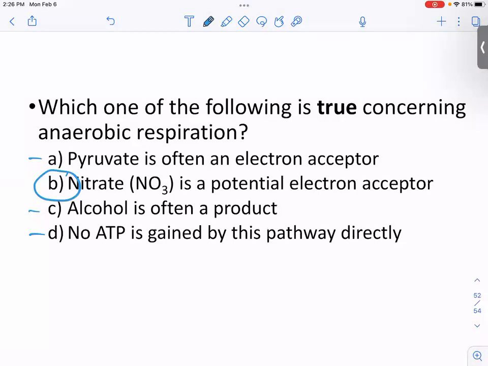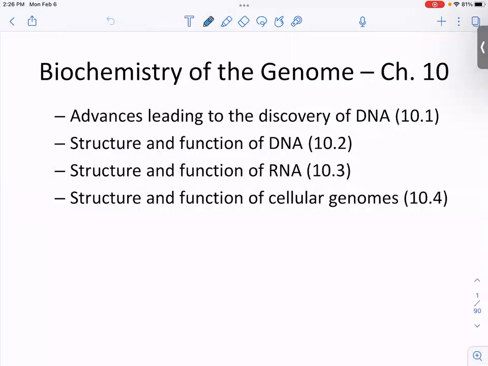Okay, deep breath. Moving on. Another big unit here that we're going to spend some time on is our genetics unit. OpenStax splits this up into two chapters. Chapter 10 is biochemistry of the genome. Your book spends a lot of time going through some history.